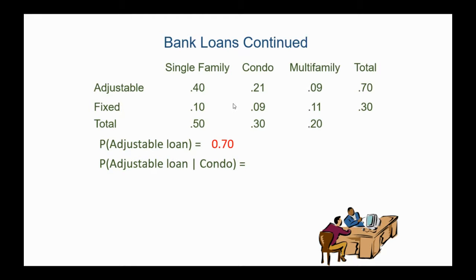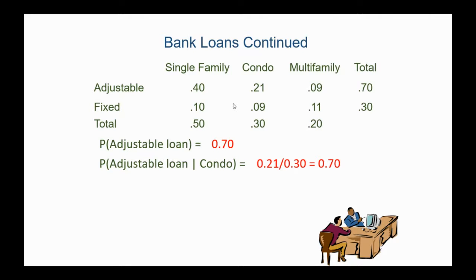Remember, the second word goes on bottom. So it'd be 0.21 over 0.30. Which also gives you 0.70.